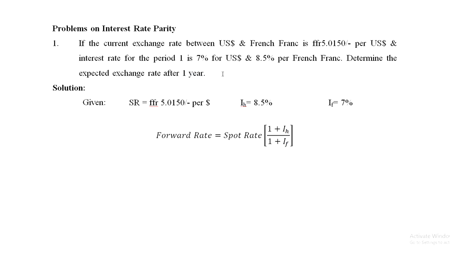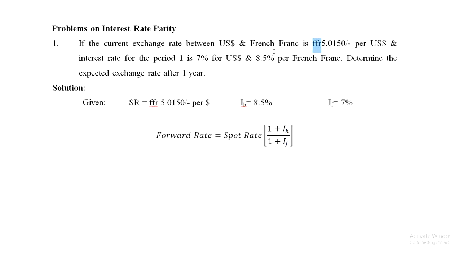Before solving this, first we have to understand the current exchange rate, right? So he has given the current exchange rate, which is nothing but the spot rate. The two currencies we are talking about here are US dollar and French franc. The name of the currency of France is called franc. FFR is nothing but French franc.